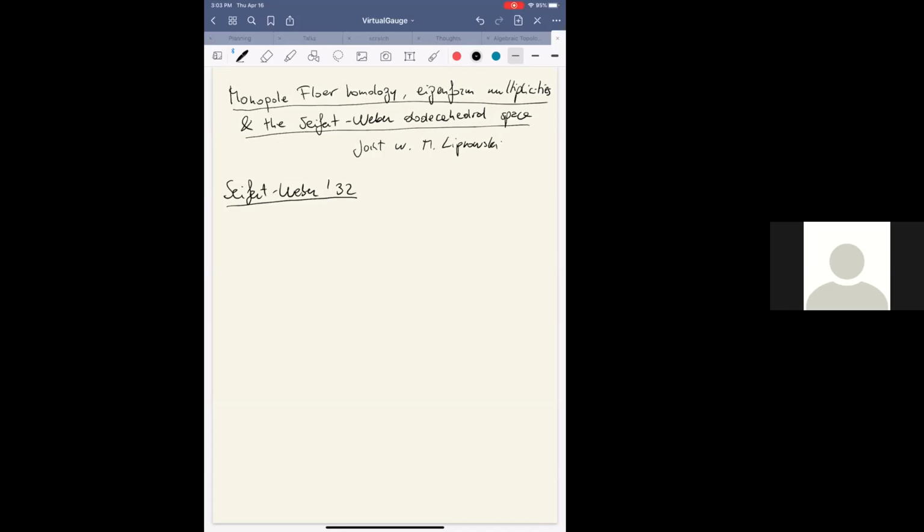The idea is that you can pick a dodecahedron, and you look at two opposite faces. If you look at two opposite faces from above, they look like this. So they're not aligned.